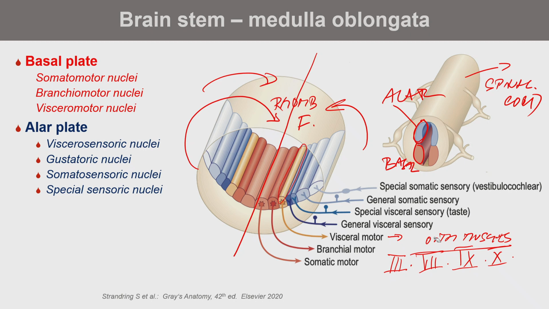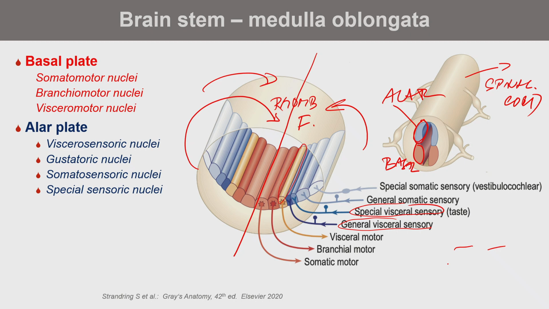So then we have other lines, and those are visceral sensory and special visceral sensory. So visceral sensory means that it is the information from viscera about the content, about the tension inside, about the pain. For example, if you have an overfilled stomach, the information about the filling, or if you have a pain, this is led to this part of the brainstem.